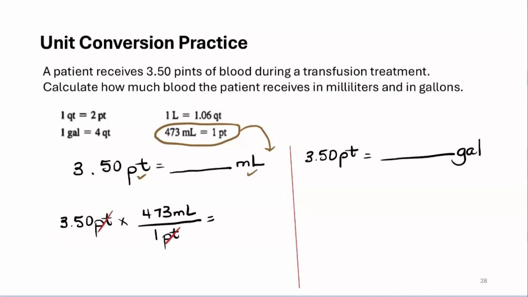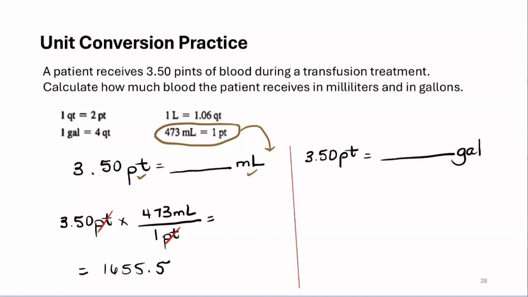And then when I do this multiplication, 3.50 times 473, I have a calculator display that is 1655.5. But this calculator display does not have the correct number of significant figures.